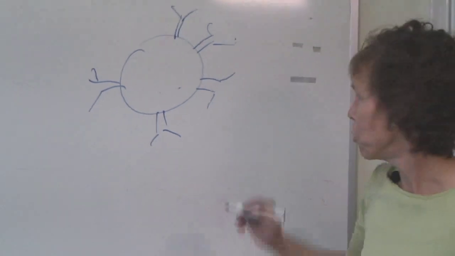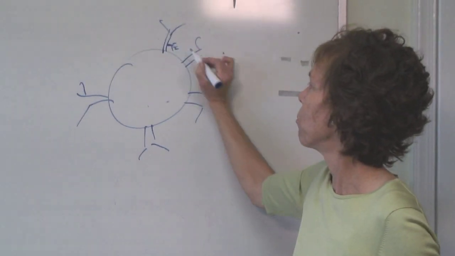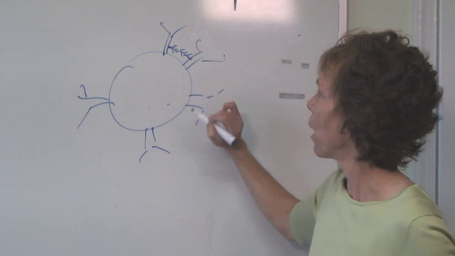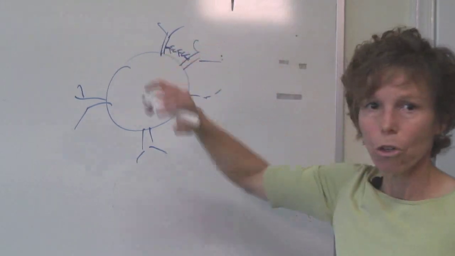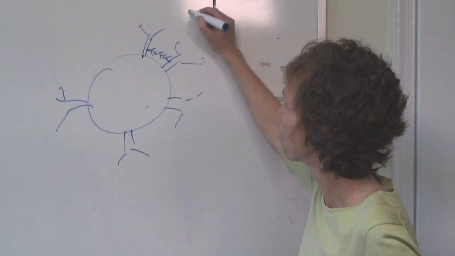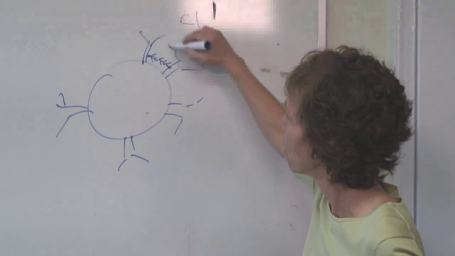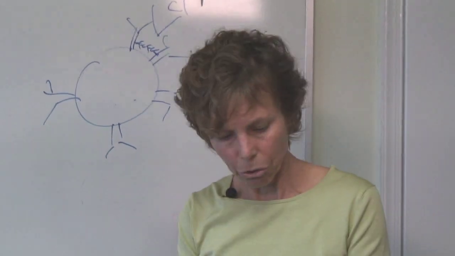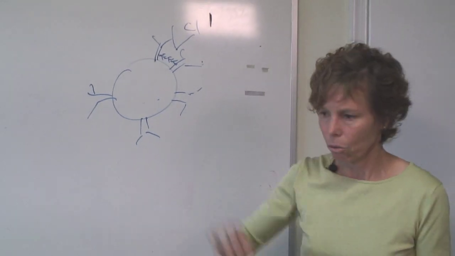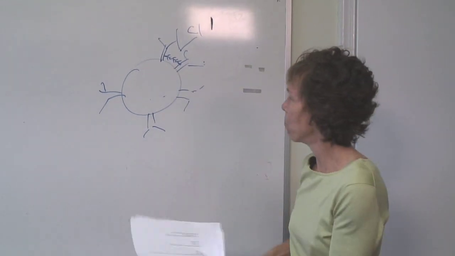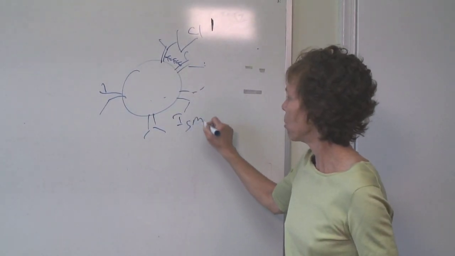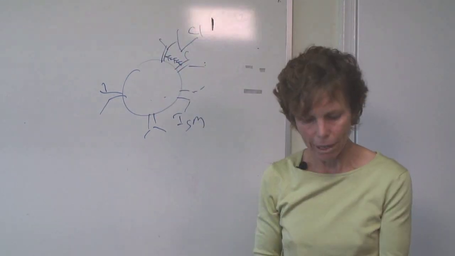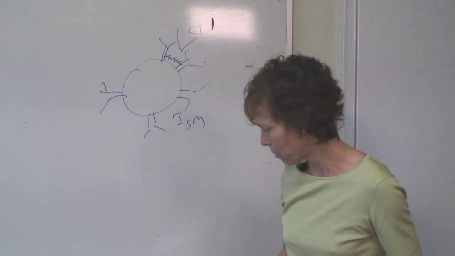But what you need is 2 adjacent Fc regions. Okay, and then what happens, and we'll go into it, is your C1 unit binds in here. So you see how that only takes 1 molecule. That's why we talk about IgM being pentameric and only taking 1 IgM molecule to activate complement.